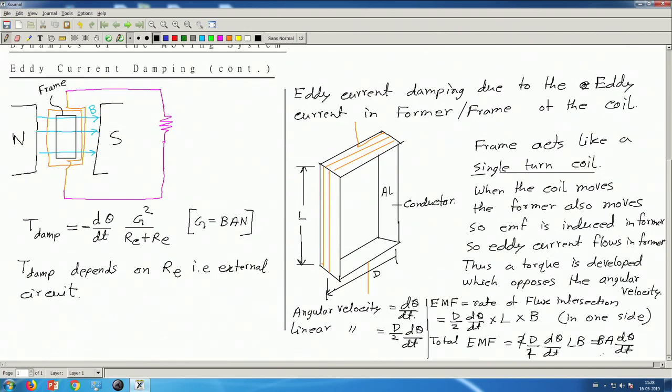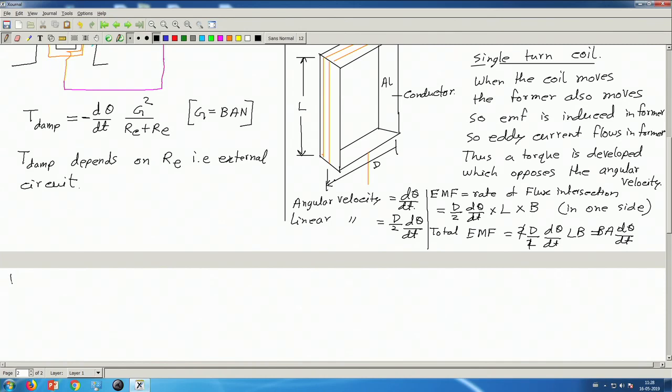Okay. The difference in this expression from the expression of the EMF in the coil was that we do not have the term N here, because N, the number of turns for the former, is equal to 1. So, maybe we can write that N is equal to 1 for the former.